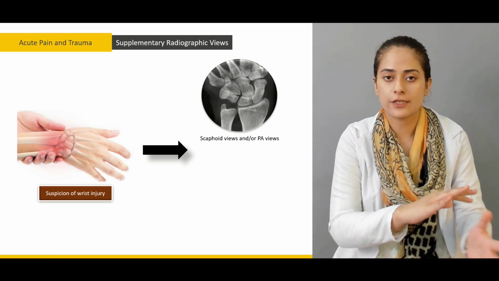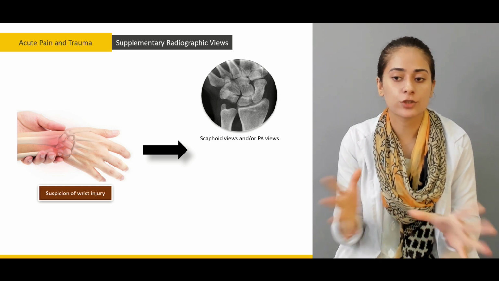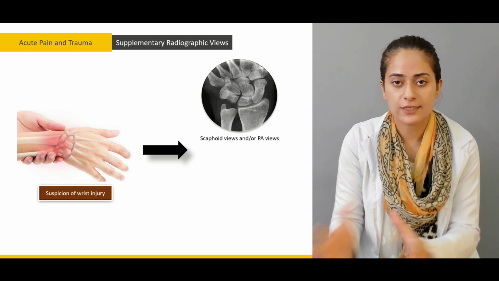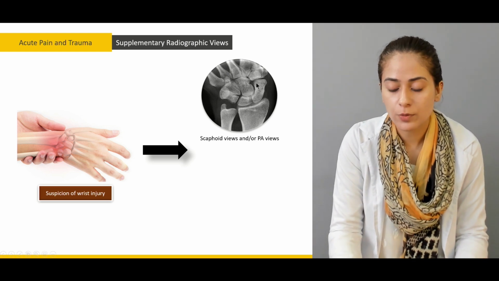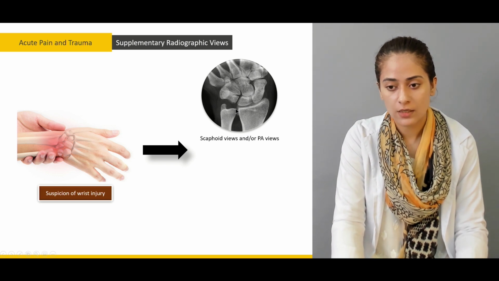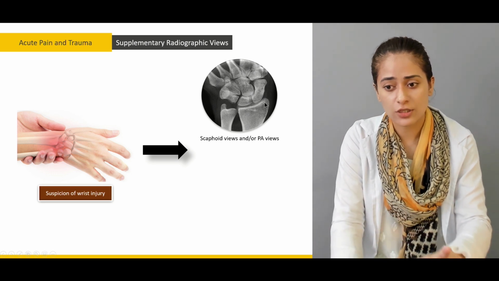So we discussed in the previous PA view the metacarpals and the phalanges and the radius and ulna bone. So these are the carpal bones, and the joint surfaces are this here, these, and there are a lot of different ligaments attached to these surfaces as well.